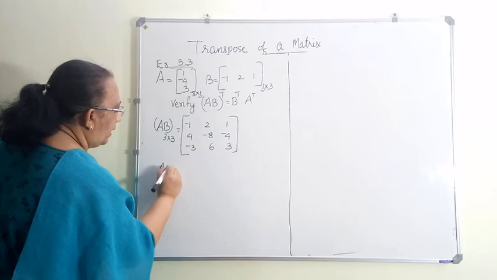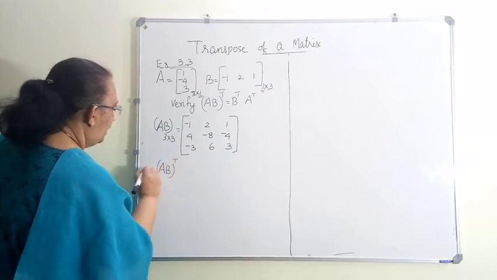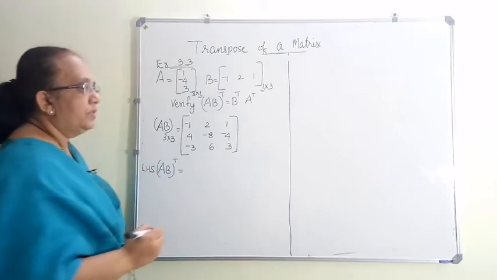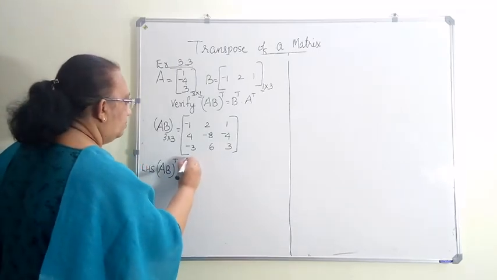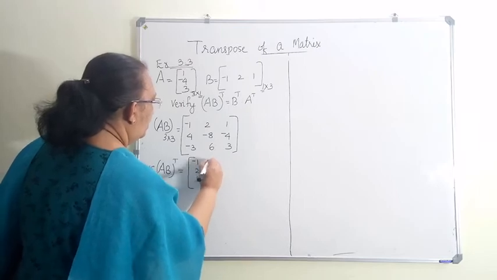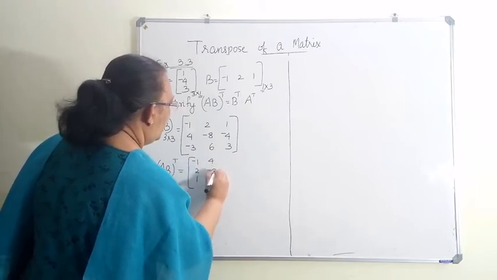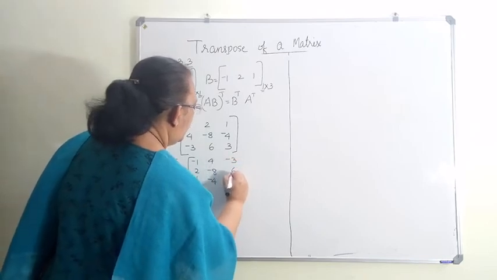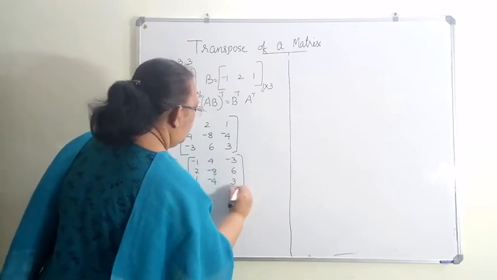AB the whole transpose. This is your LHS. Transpose, interchanging rows and columns. Minus 1, 2, 1, 4, minus 8, minus 4, minus 3, 6, 3.